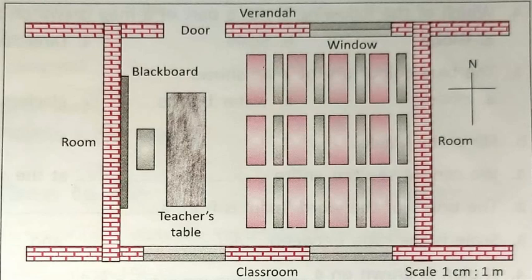So this one is a plan, and a plan basically uses scale. What type of scale does the plan use? The plan uses a large scale. This was all about plan and sketch.